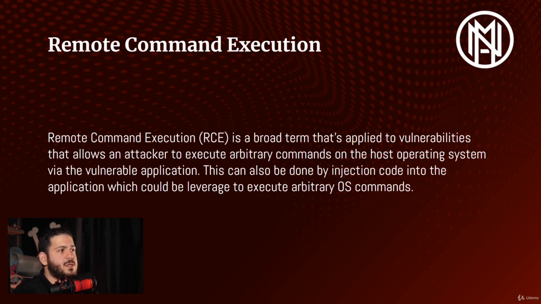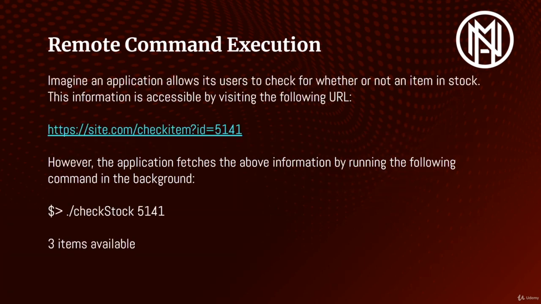Again, this is a very broad term. It could happen in a number of different ways, but we're going to cover the most popular and common ways of finding an RCE. So imagine you're going to a website where the application is looking up the stock, whether an item is available. We're guessing that in the background, they're running some command on the operating system host to check if this exists.